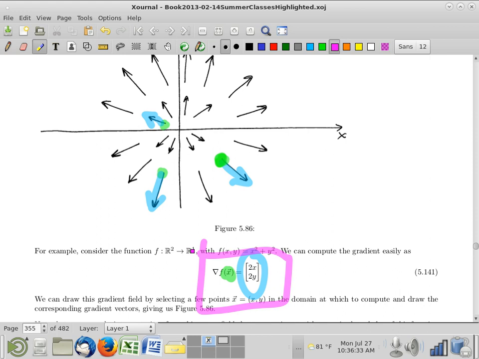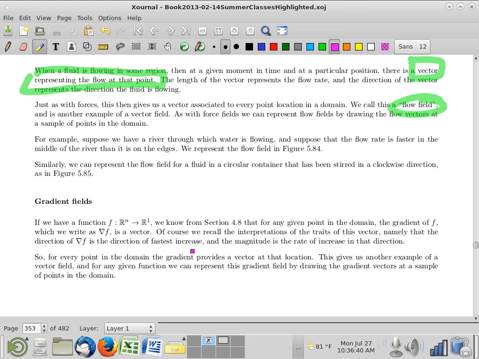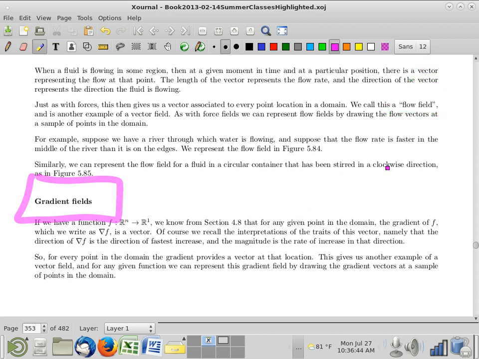One last observation I want to make about gradient fields in particular. When you have a real valued function, you compute its gradient, and you can interpret that gradient as giving a vector associated to every location. Turns out, for reasons that are extremely not obvious right now, gradient fields are particularly important in Chapter 6.